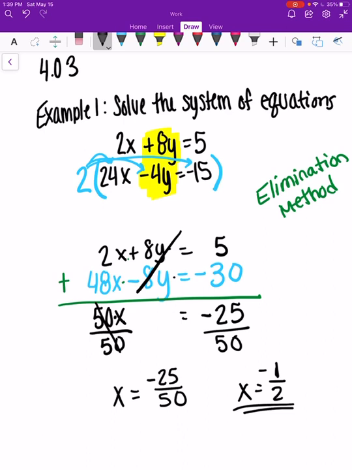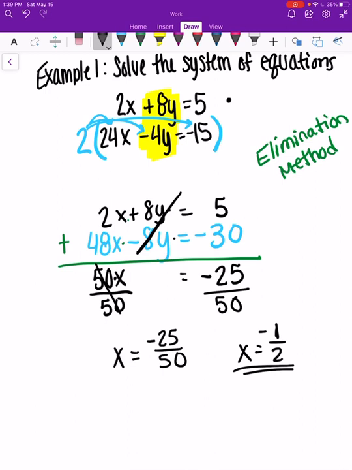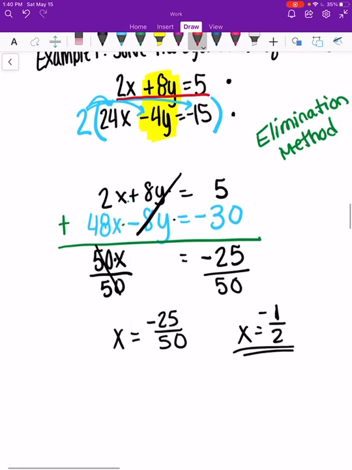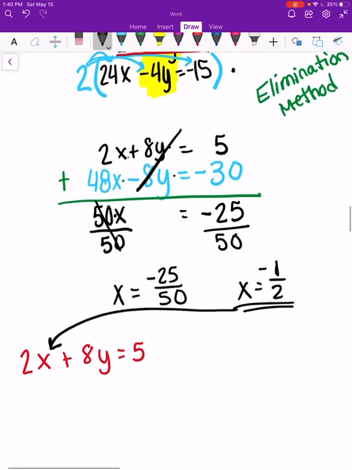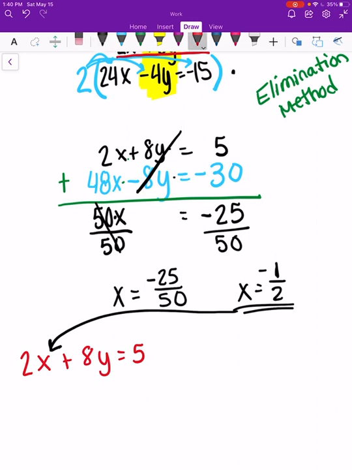So now I'm going to pick one of my two original equations. I'm going to pick the top one, 2x plus 8y equals 5. And I'm going to substitute in negative 1/2 for the x, because then I'll just have y and I can solve for y. So now I have 2 times negative 1/2 plus 8y equals 5.